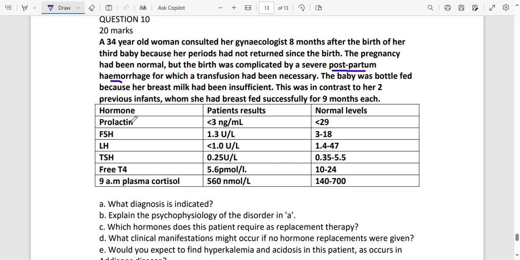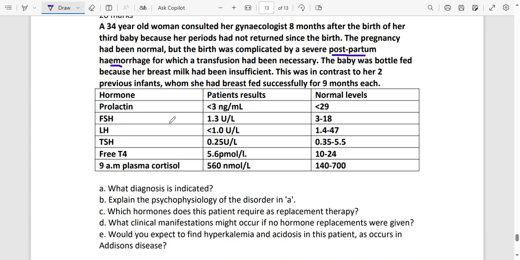If we look at the hormones, prolactin is low, follicle-stimulating hormone is low, luteinizing hormone is low, thyroid-stimulating hormone is low, free T4 is also low, the 9 a.m. plasma cortisol is normal. So the only thing that we have here, you have got postpartum hemorrhage.